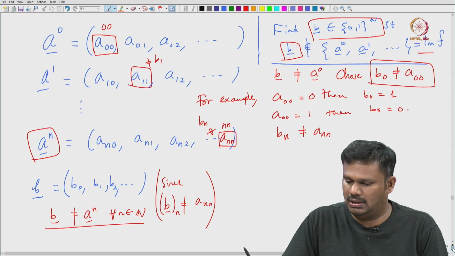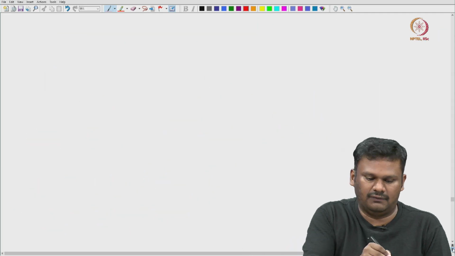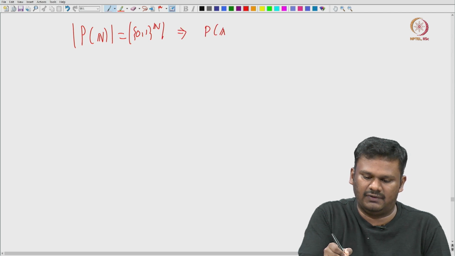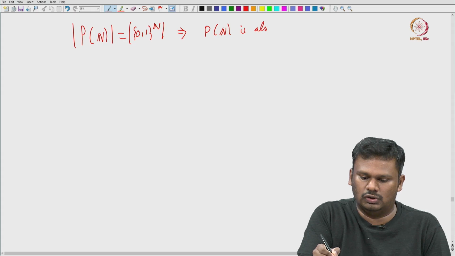And now we have a bijective function from P of N to this 0 comma 1 power N. So, because of this you can see that P of N is also uncountable.